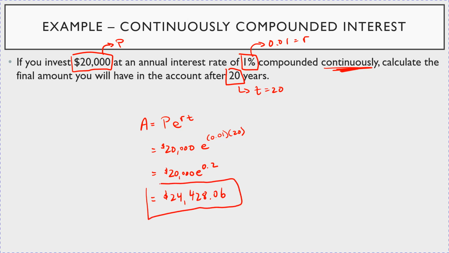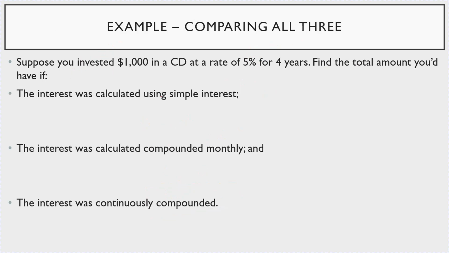All right, let's end on a problem here where we compare all three types of interest, and you can see which one is going to be the best. So here's the problem.